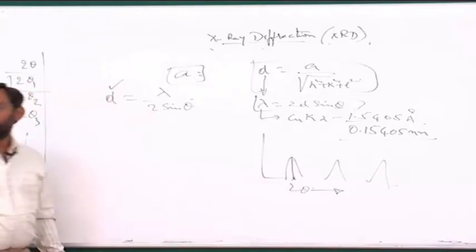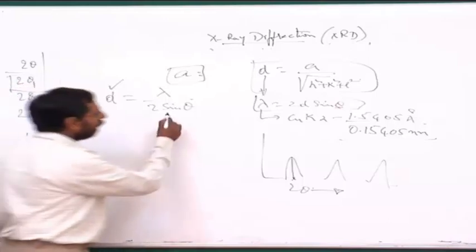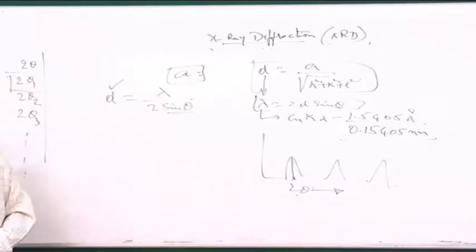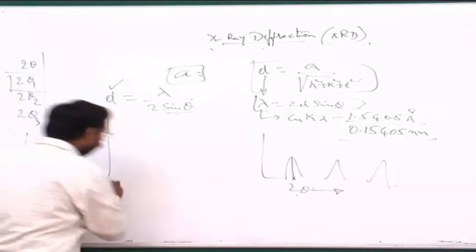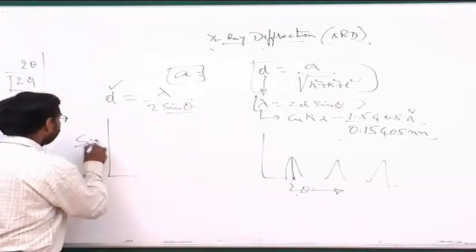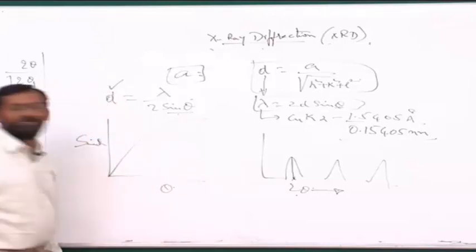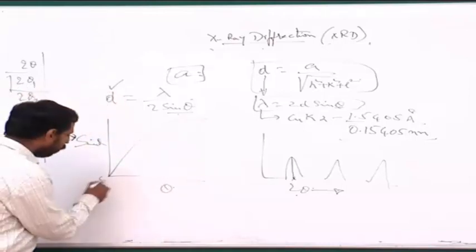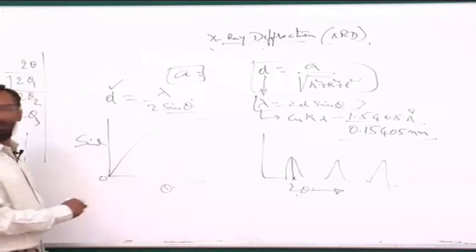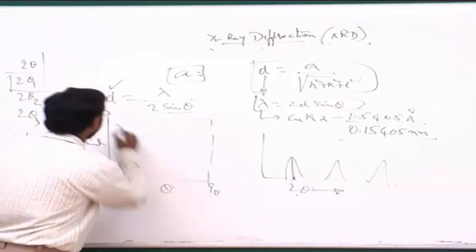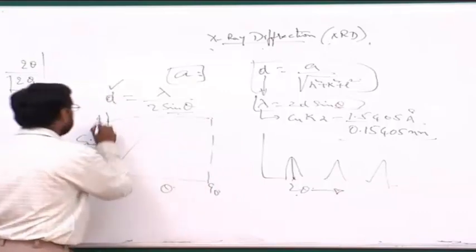And this theta I am converting to sine theta and then putting it into this equation and finding out the D. But the theta to sine theta relation is not a linear relation. As a result, if you look at how sine theta varies with theta, you will see that it varies something like this. It starts with 0. When theta is 0, sine theta is 0, and when theta is 90 degrees, sine theta becomes 1.